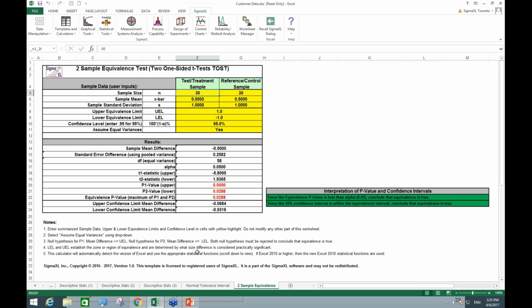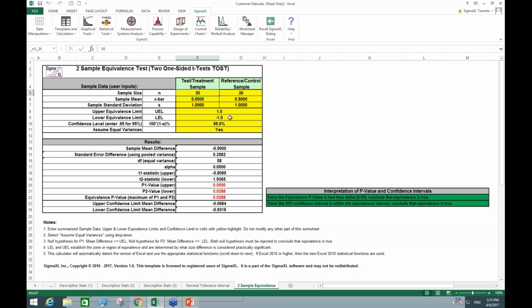considered practically significant. So you, the practitioner, decide; think of this kind of like a guard band. What interval will I put in here that I can use to say that if the difference in means falls within this interval, then I can conclude that these two samples are equivalent?